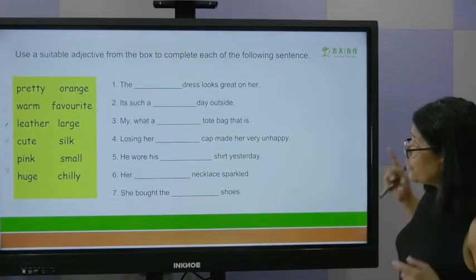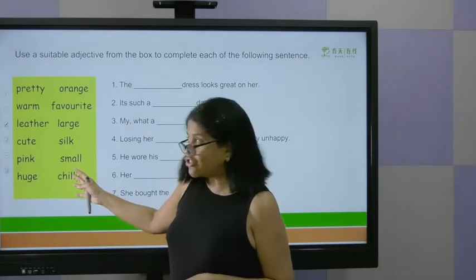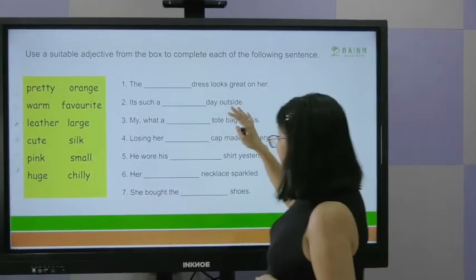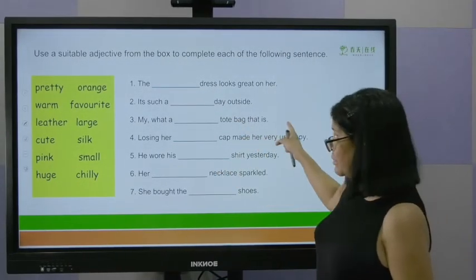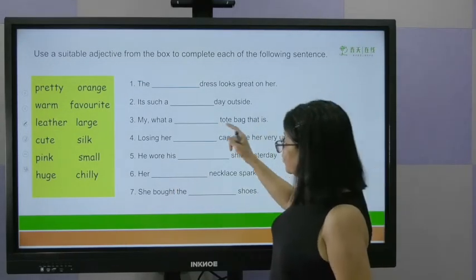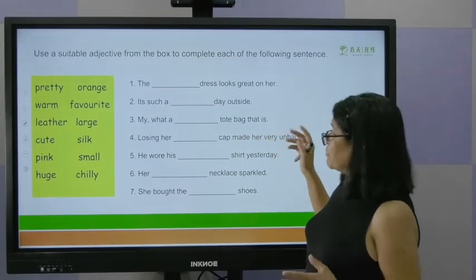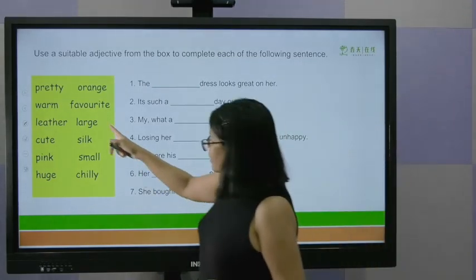The first sentence, so what you do is you have all these here are adjectives. And you have sentences here, and you can pick suitable adjectives that will fit with these sentences. We'll do this together. The first sentence is, the black dress looks great on her. What would be suitable?